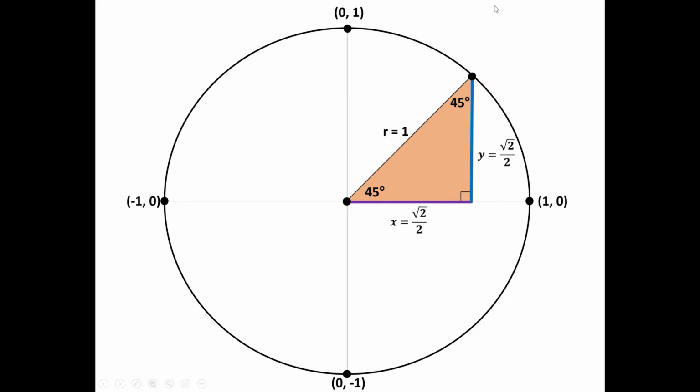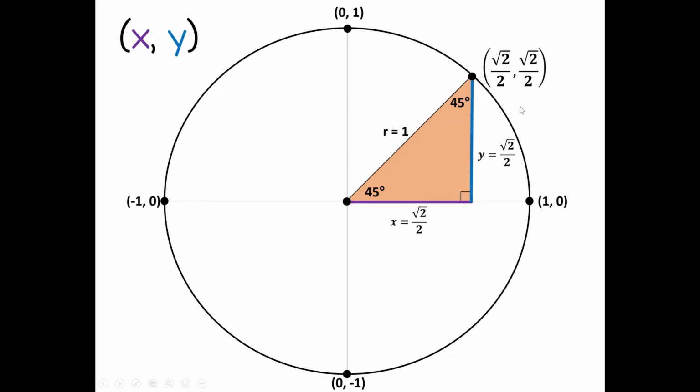So how do I get the ordered pair that represents this point up here on this unit circle? Well, I can write an ordered pair using x, y, right? I'm going to go right this many units and up this many units. I'm going to go right the square root of 2 over 2 units and up the square root of 2 over 2 units.